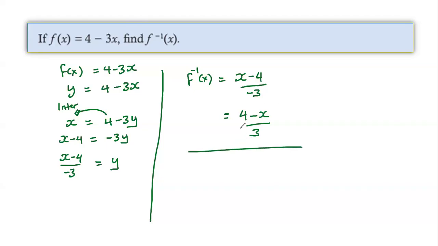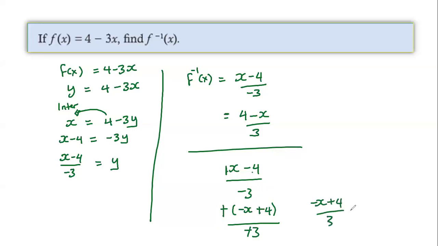When you look at x minus 4 out of negative 3, here there is a 1, here there is a negative 4. So when I factor out negative, I remain with negative x plus 4 divided by negative 3. The negatives cancel, so I remain with negative x plus 4 out of 3, which you can write as 4 minus x out of 3.